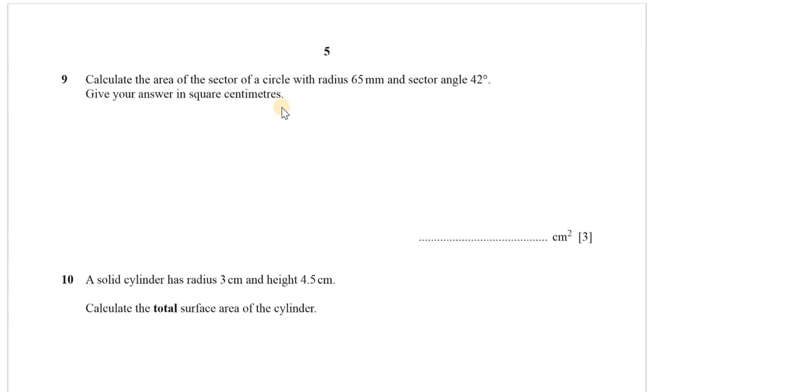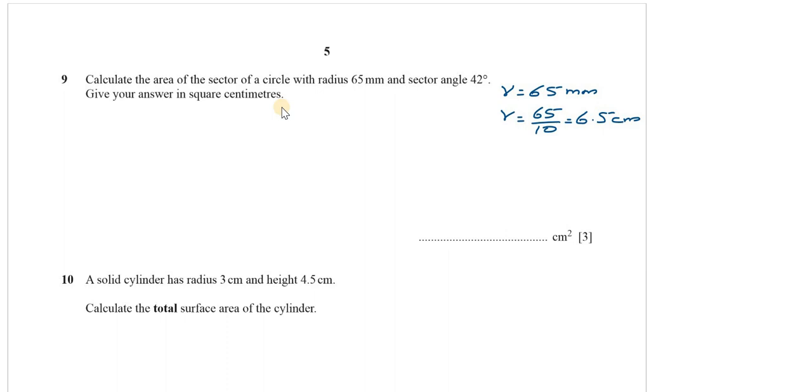So radius is equal to 65 millimeter. If you want to convert it into centimeter, you have to divide by 10. So when you divide by 10, it becomes 6.5 centimeter. So the radius of this sector is 6.5 centimeter.